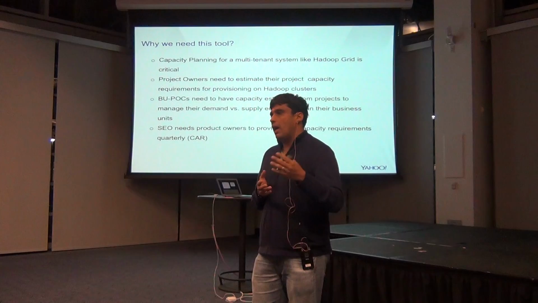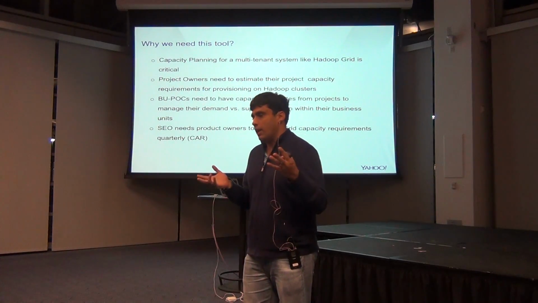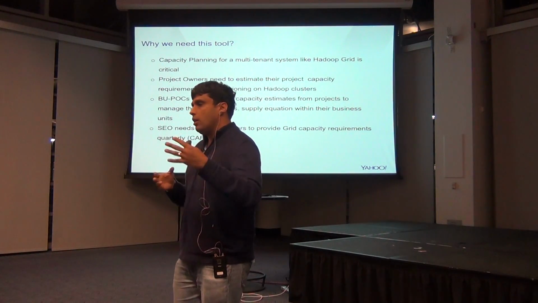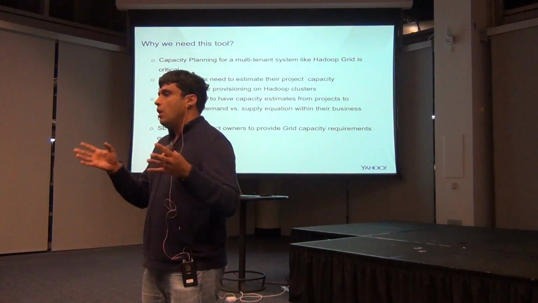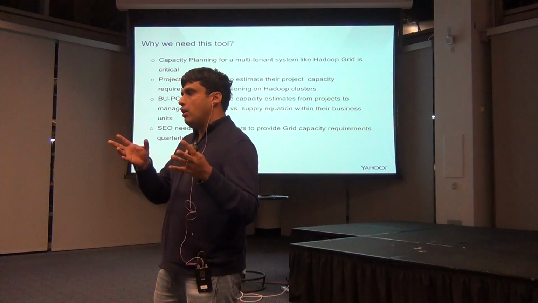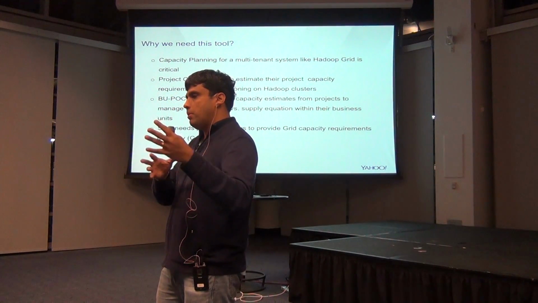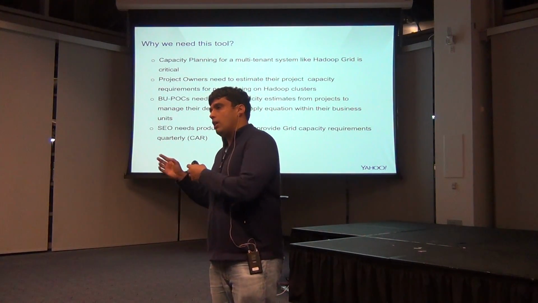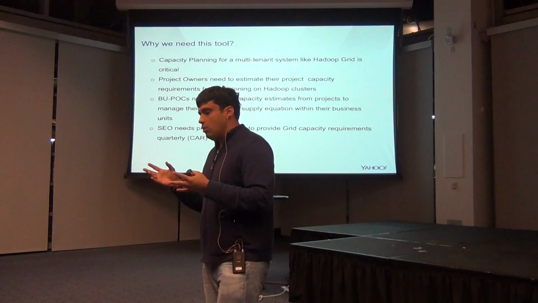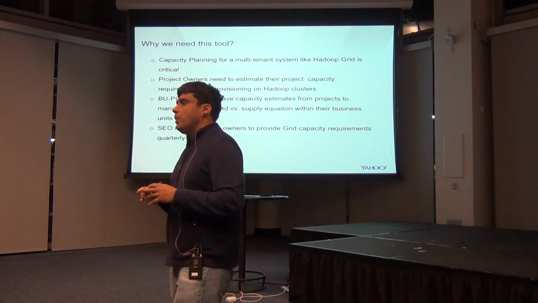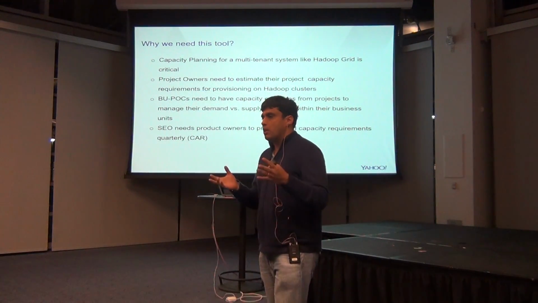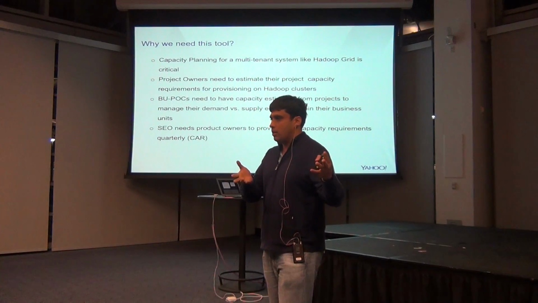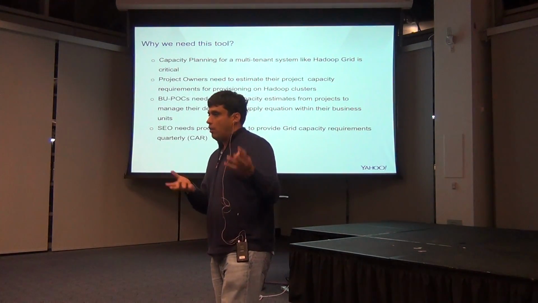A few years back we were using Hadoop 1.x. We had certain grids that we built in Yahoo which had a different map reduce slot configuration, where maps and reduces were 2:1, and then another set of grids where the map to reduce ratio was different, right? Some projects were running on X grid, which had a different hardware configuration.